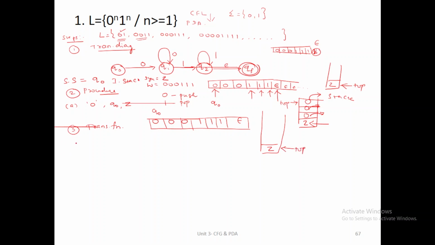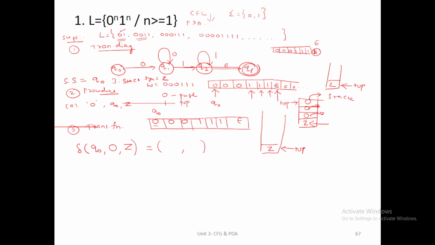So the starting state is Q0, the current input symbol on the tape is 0, the current topmost value on the stack is Z. So the PDA contains 3 input values and 2 output values. We can easily write the transition function.